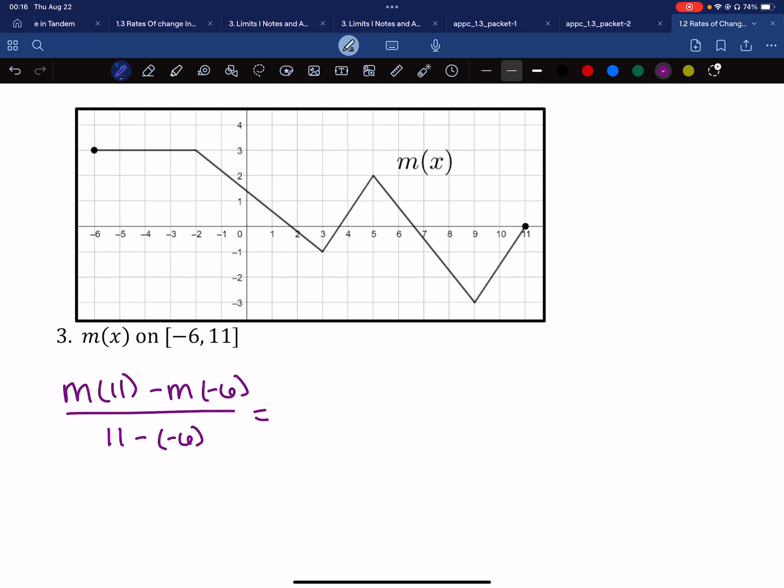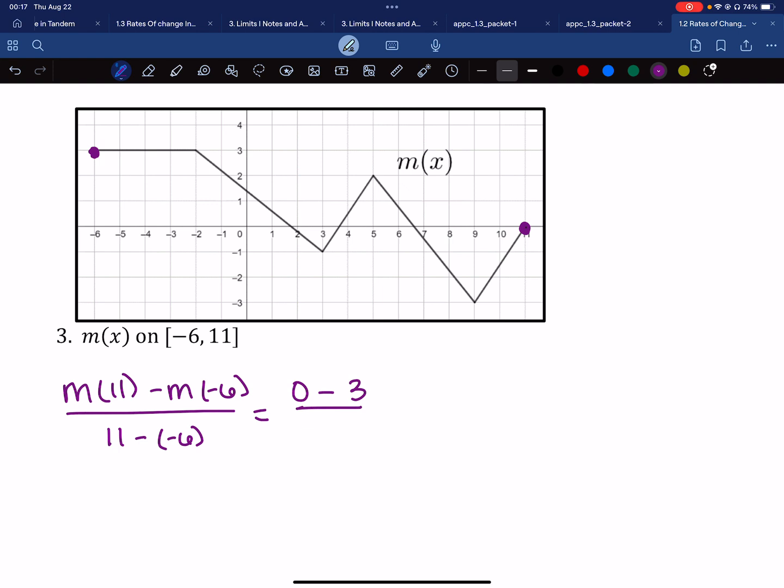So m of 11, you find 11 and where it hits the graph, that's right there at 0. M of negative 6, where it hits the graph, is right here at 3.